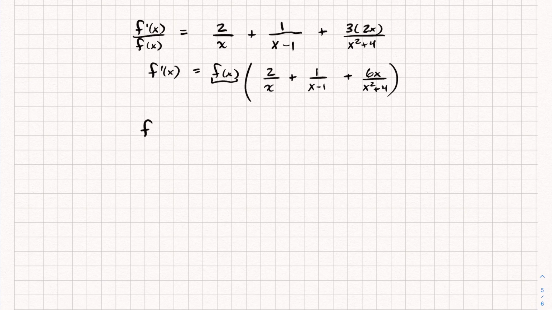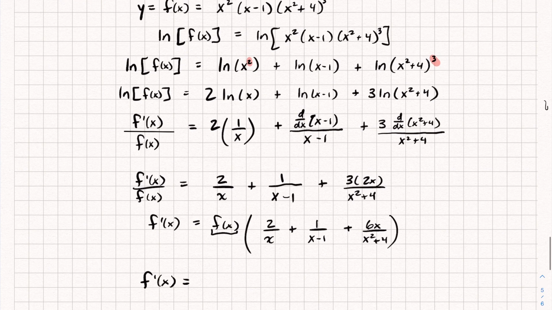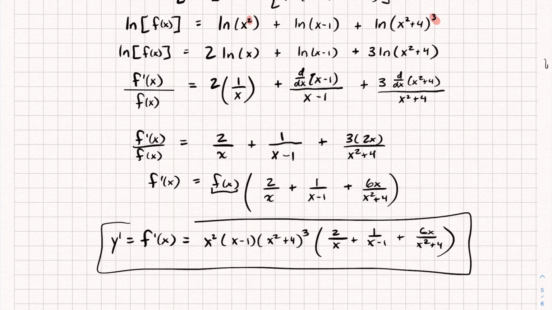So I get f prime only in terms of x, which in this case, just having to look back, f of x is x squared times x minus 1 times x squared plus 4 to the third, times all this junk in parentheses. But what all this equals is the derivative of the original function. It represents its rate of change.